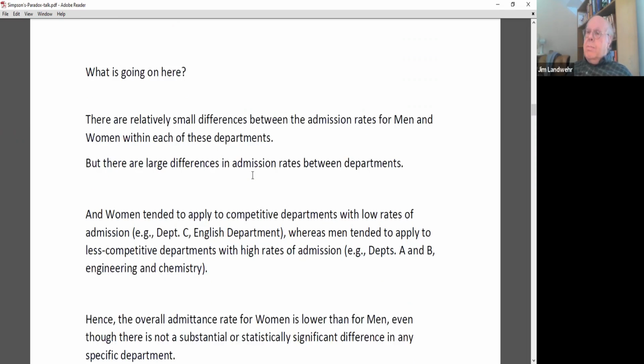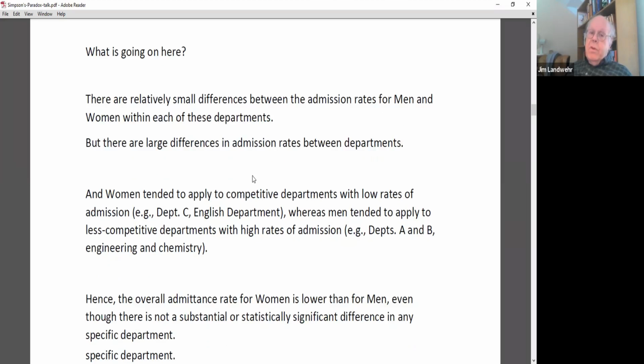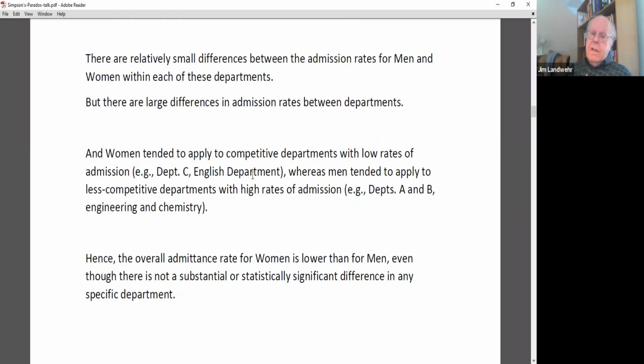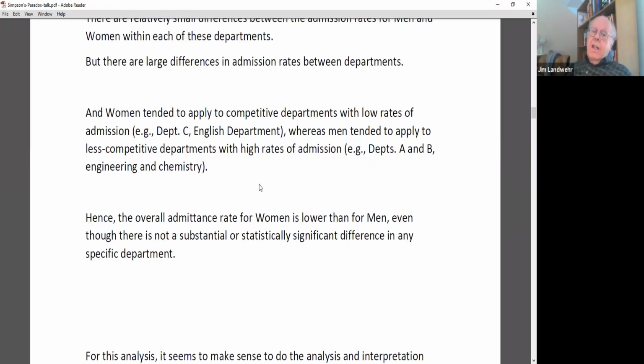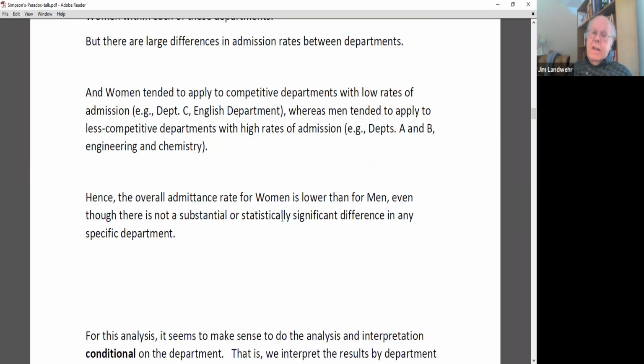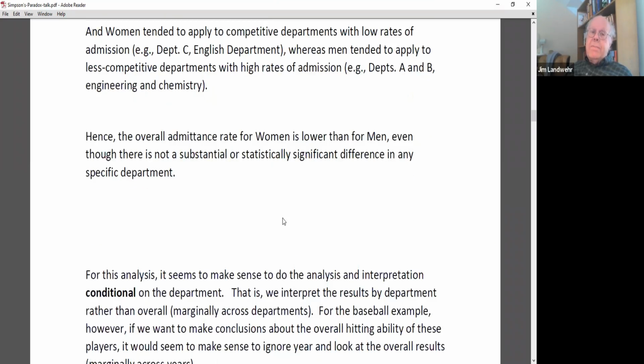So the women were applying more to departments with low admission rates, and the men were applying to departments with high admission rates. So the overall admittance rate for women is lower than for men, even though there's not a substantial or statistically significant difference in any of the specific departments.